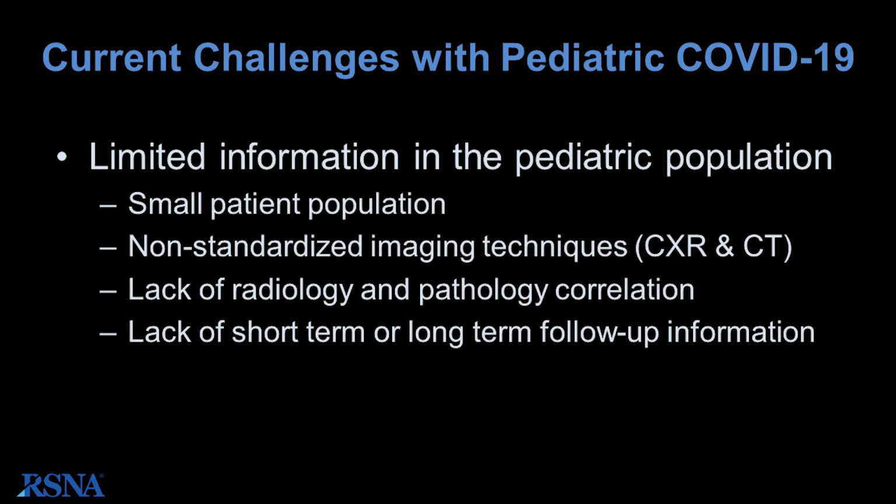Second, since we don't have that many cases, there is not any good radiology-pathology correlation so far. And third, we don't have any short-term or long-term follow-up in pediatric patients to work off of. Despite these limitations, we've created our recommendations based on existing literature, what we do know, and also based on some world expert experience with prior coronavirus diseases, including SARS and MERS.